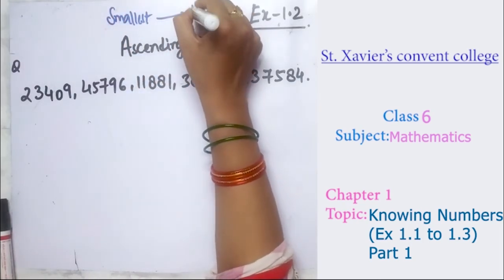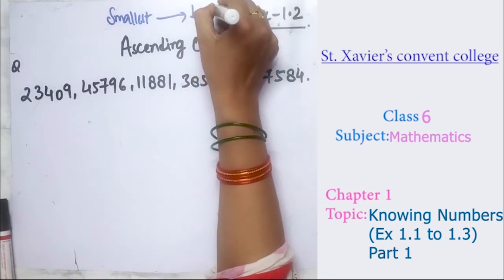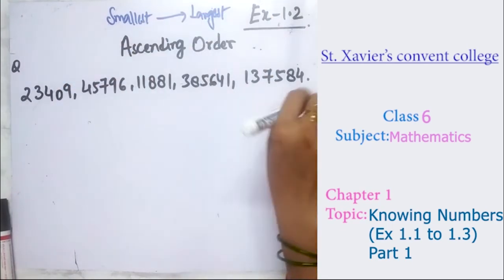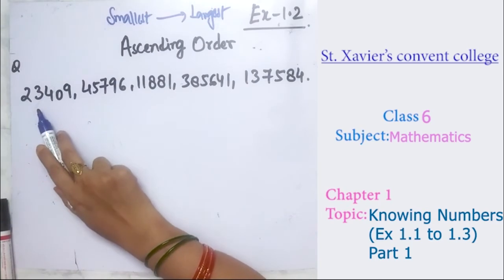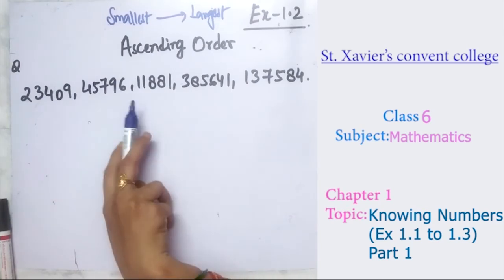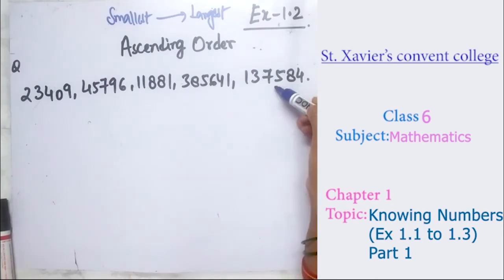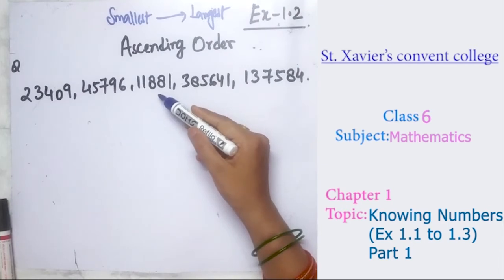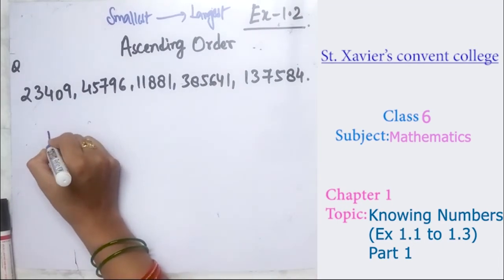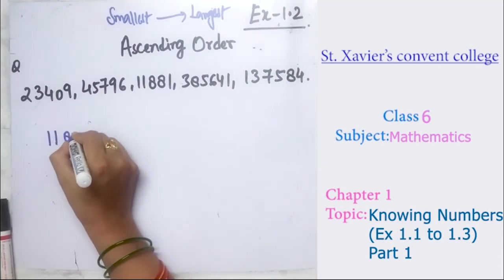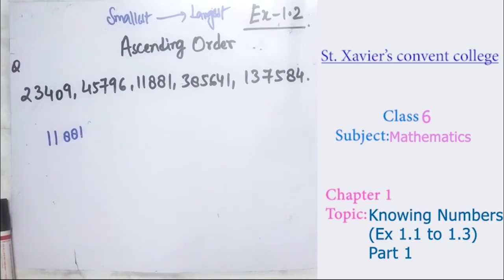So first we choose the smallest number. You can see 23,409, 45,000, and the smallest one is 11,818, because these two numbers are given in the lakhs. So the smallest number over here is 11,801.